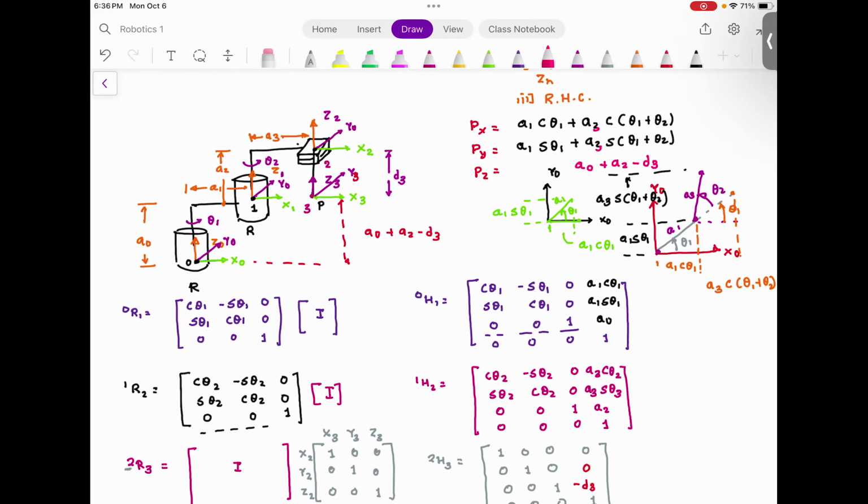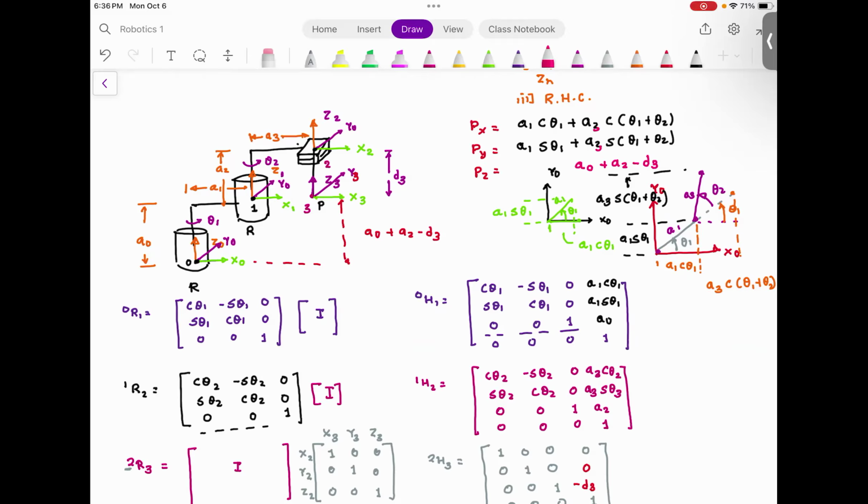No. Why? Because D3 is independent of theta 1 and theta 2, which means if you use any numerical solver, there is a possibility that it may not give you the correct answer.